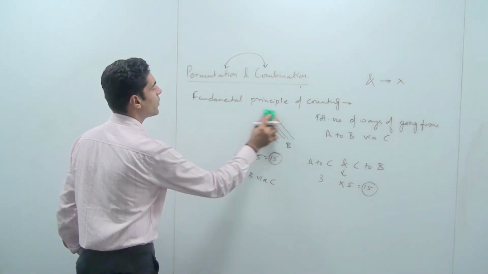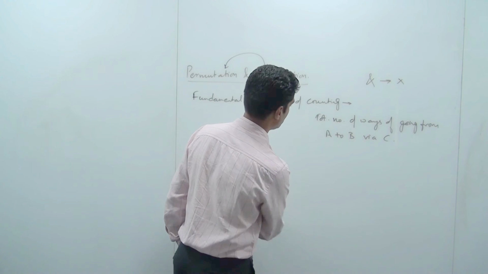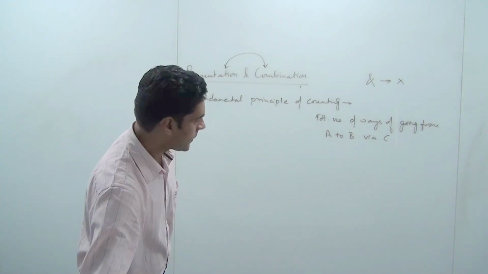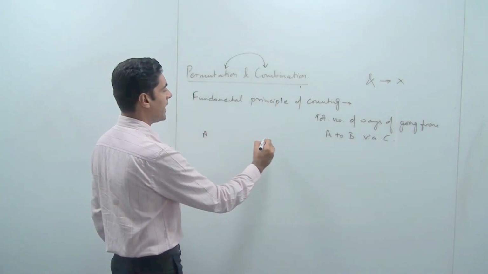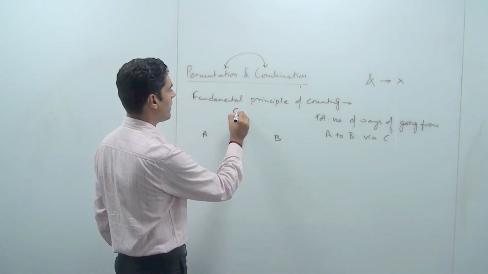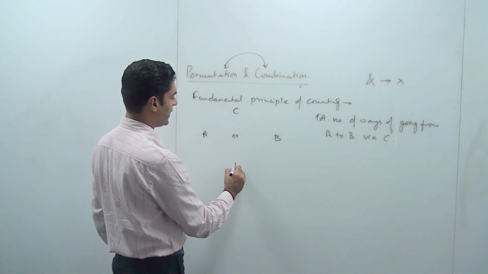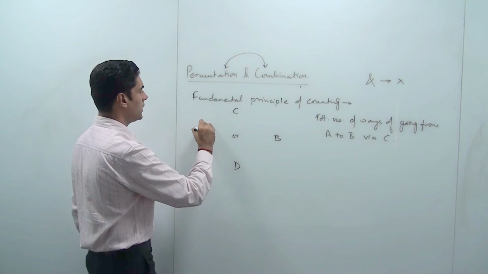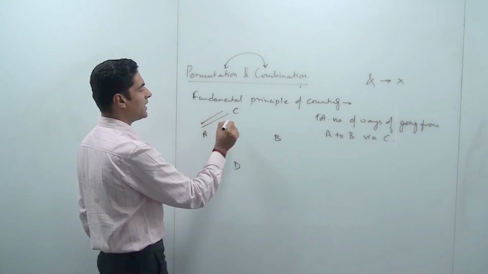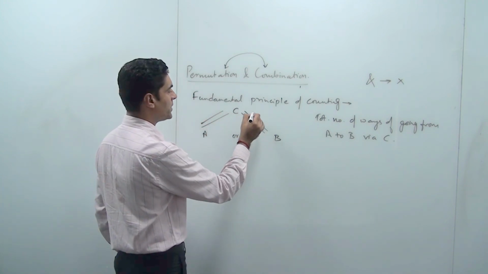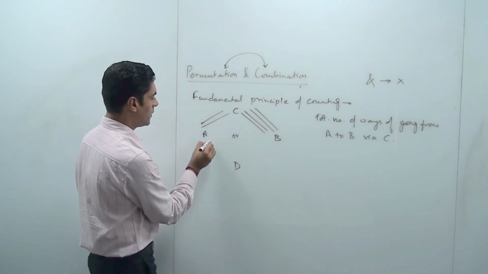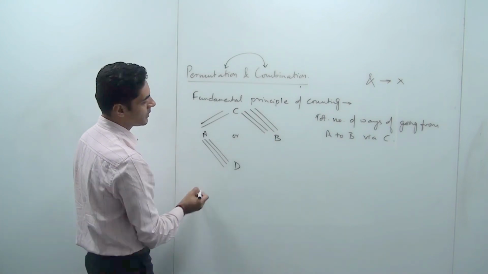Similarly, if my question would have been, you again want to go from A to B, but this can be done via C or via D. The number of ways of going from A to C, let's say, are 2. From C to B are 4. From A to D are 3.